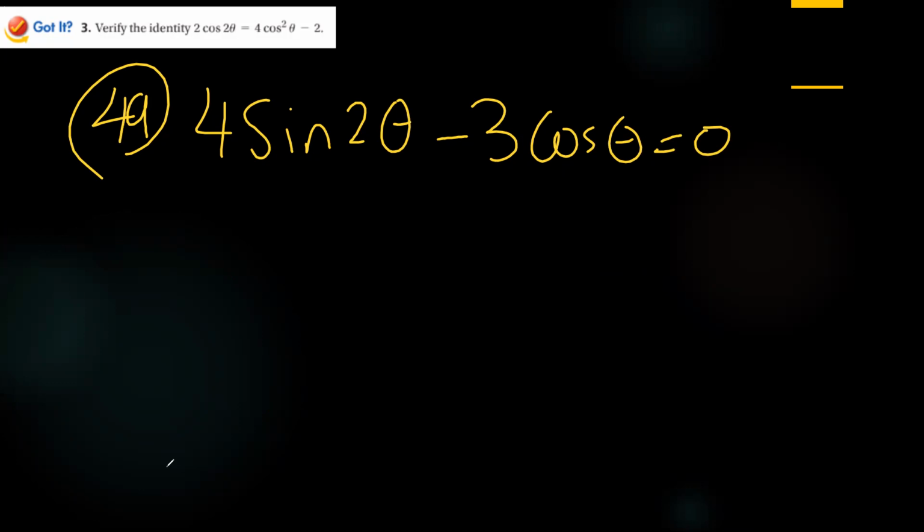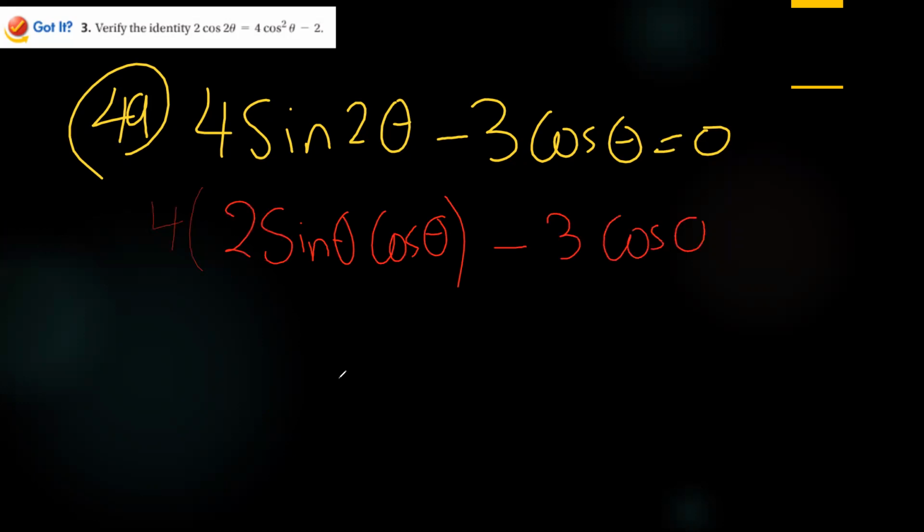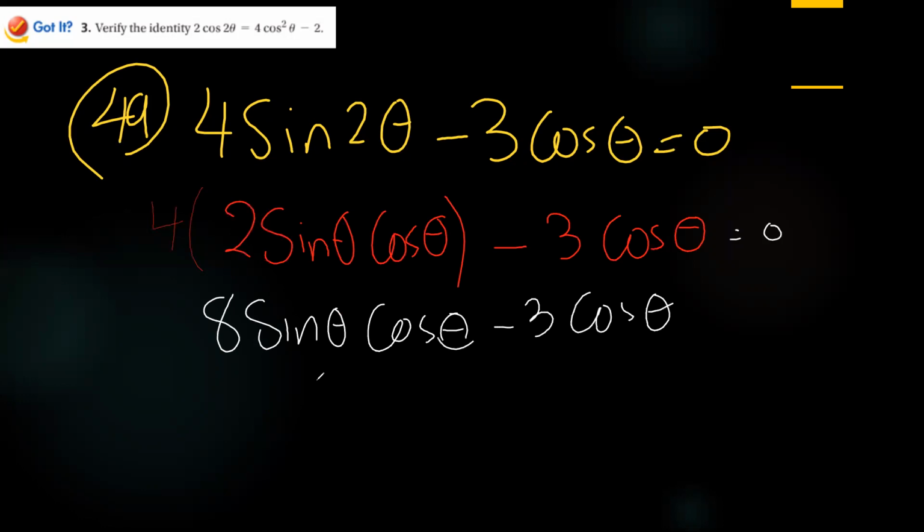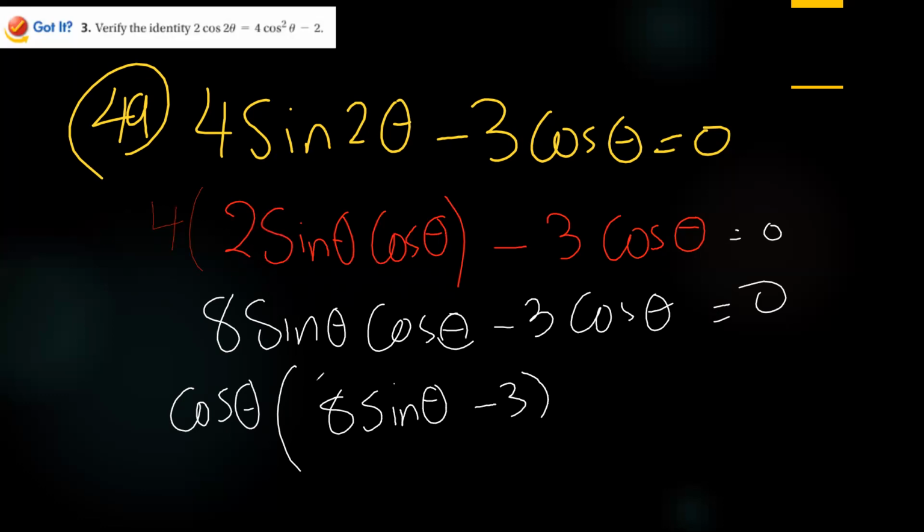Now, first of all, sine 2 theta, let's rewrite it as 2 sine theta cosine theta. Sine 2 theta is 2 sine theta cosine theta minus 3 cosine of theta. Then let's distribute it here. 8 sine theta cosine theta minus 3 cosine theta equals 0. Then what do we have to do? Let's take cosine as a common factor. So we have cosine theta times 8 sine theta minus 3 equals 0.